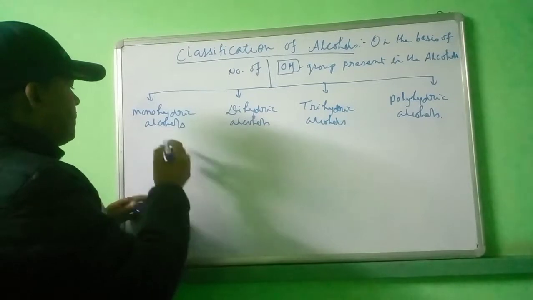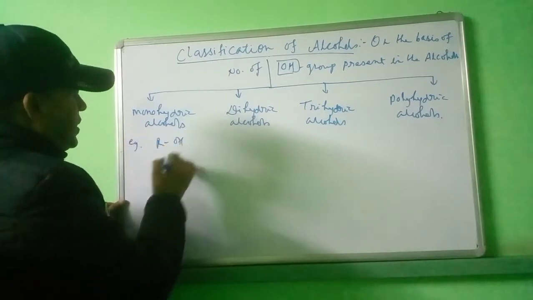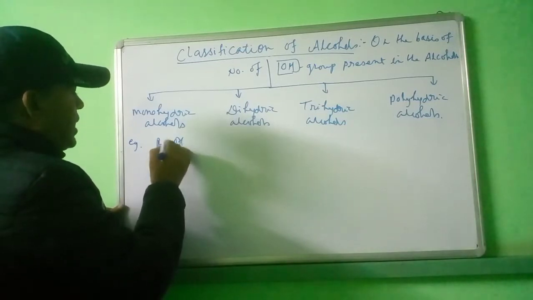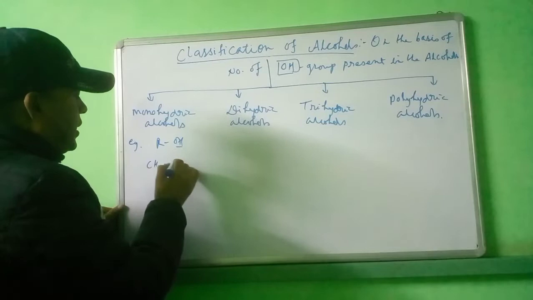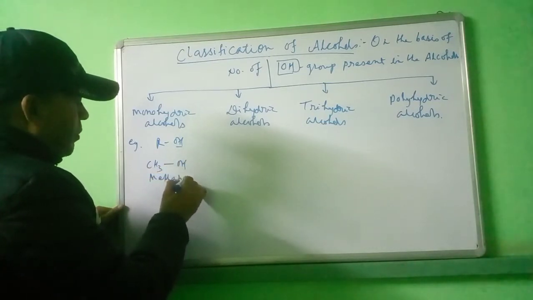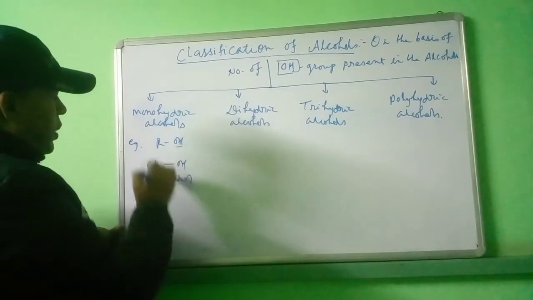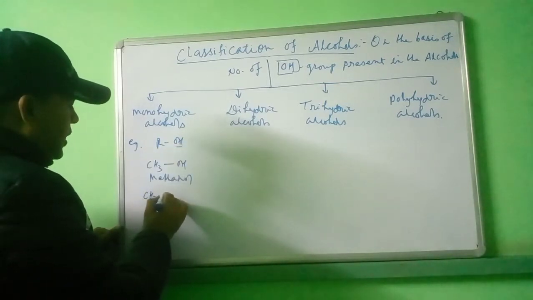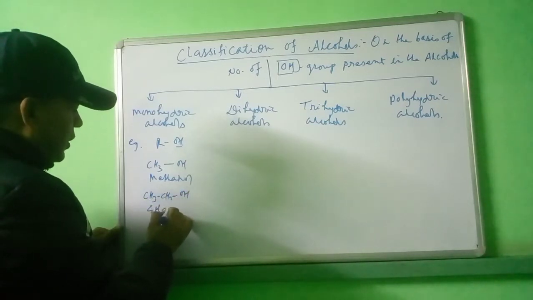So for example, ROH. In ROH, R is the alkyl group and OH is the functional group. If R is equal to CH3, then CH3OH is methanol. Okay. Now if R is equal to the ethyl group, CH3CH2OH, this is ethanol.